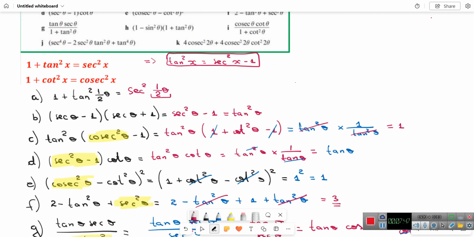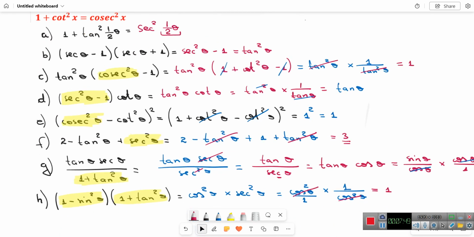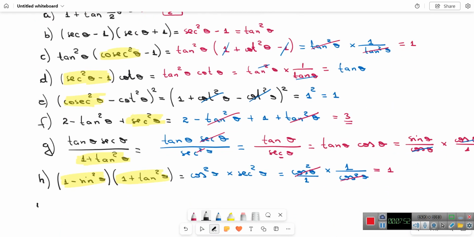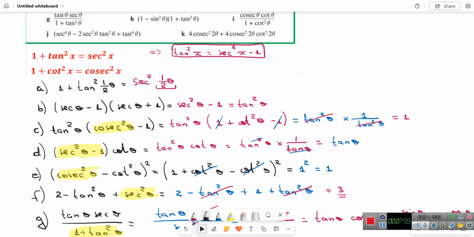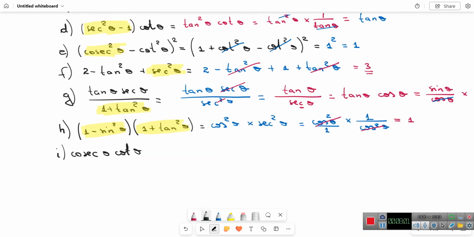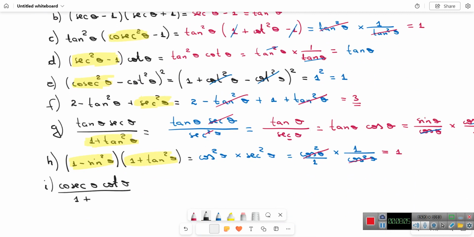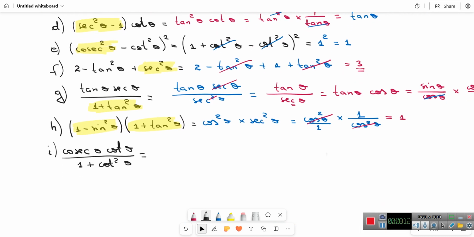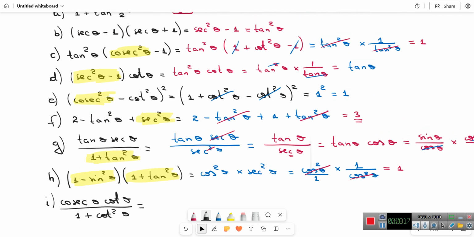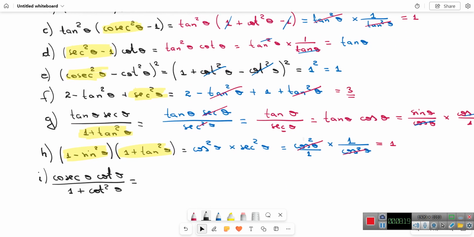I, we have cosec theta cot theta over 1 plus cot squared of theta. Now, 1 plus cot squared is cosec squared.